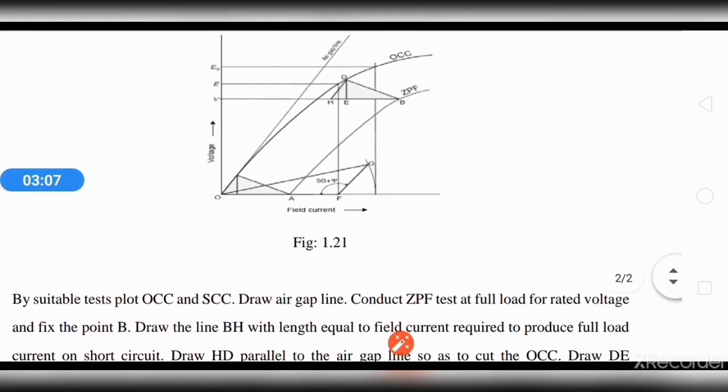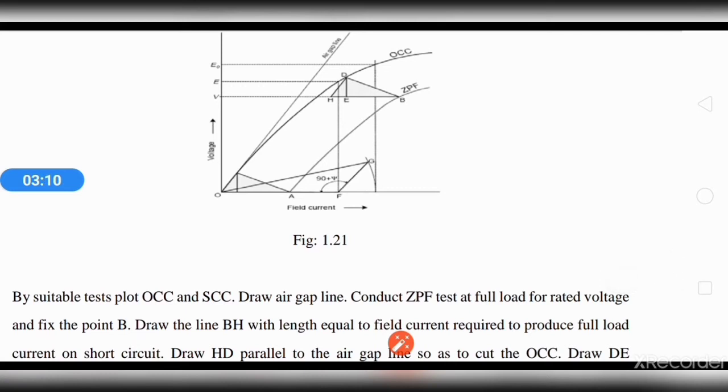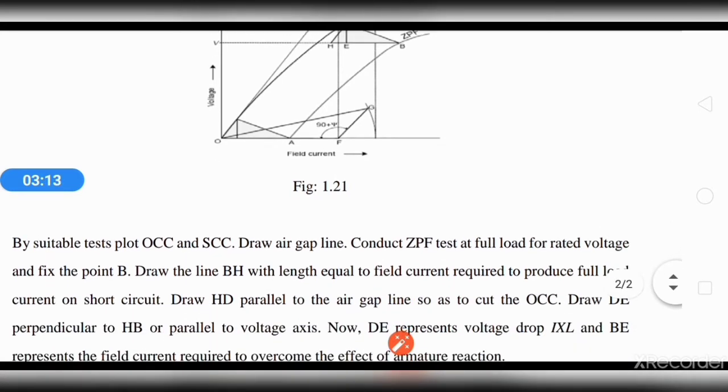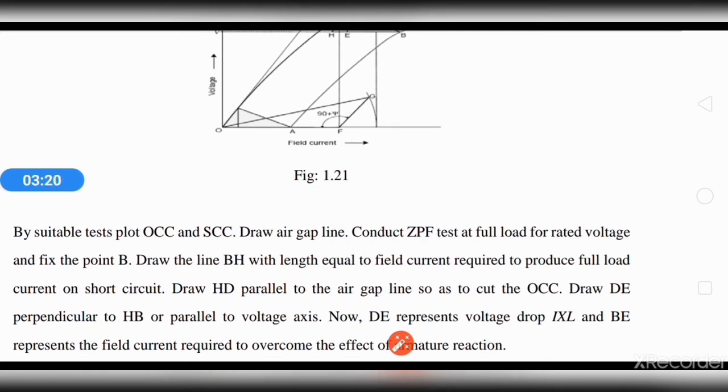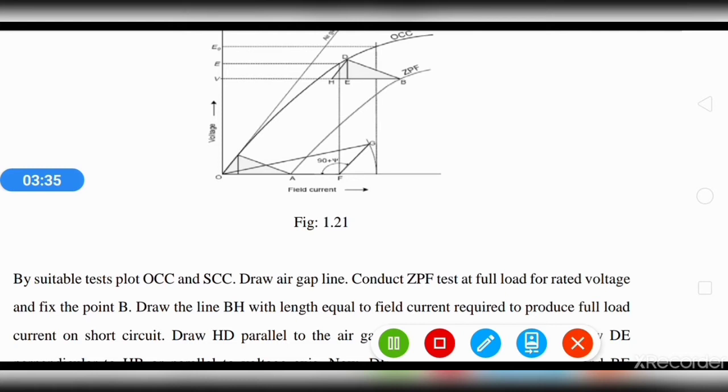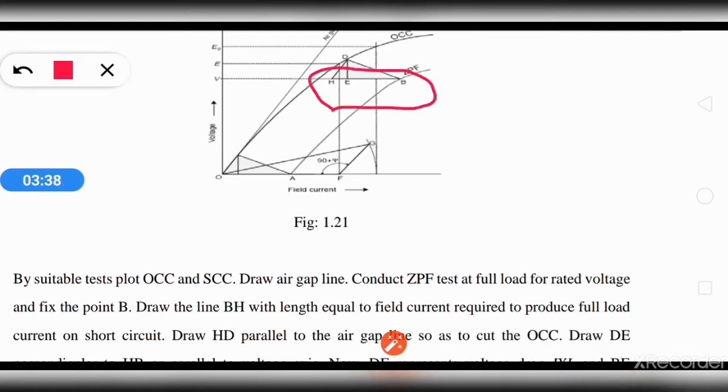Draw a line BH, a horizontal line whose length is equal to the field current required to produce the full load current on short circuit, that is OA. So both the lengths are the same.